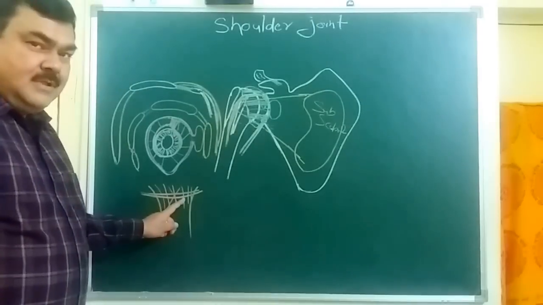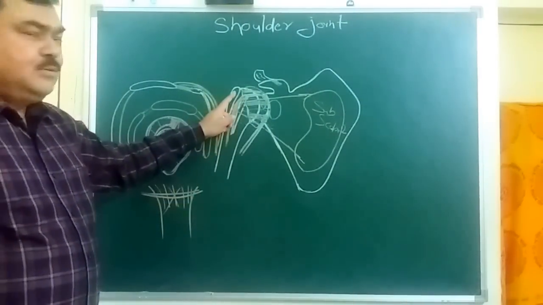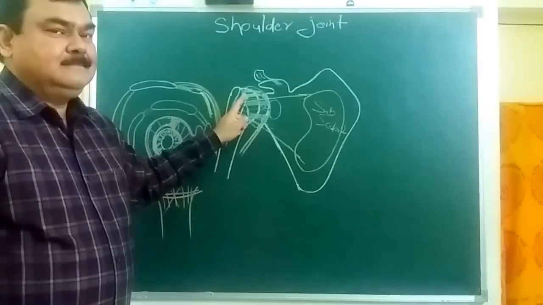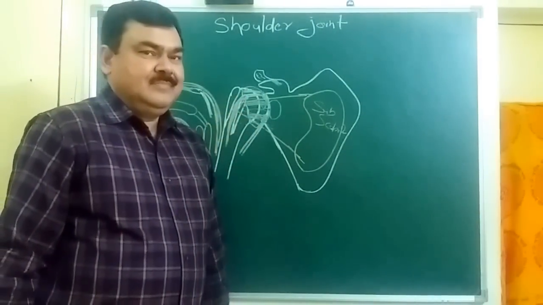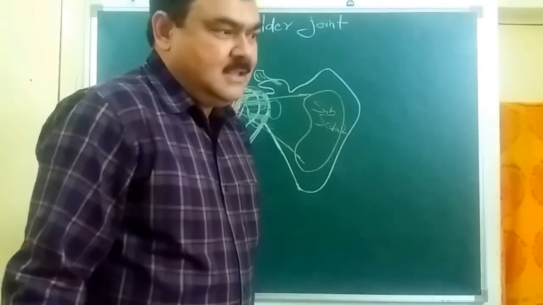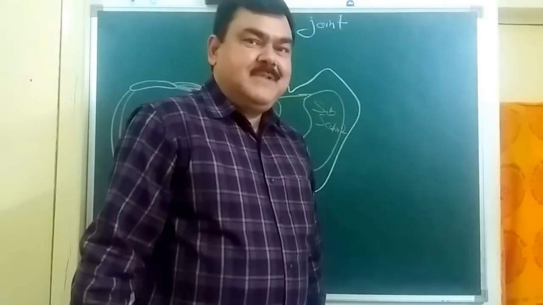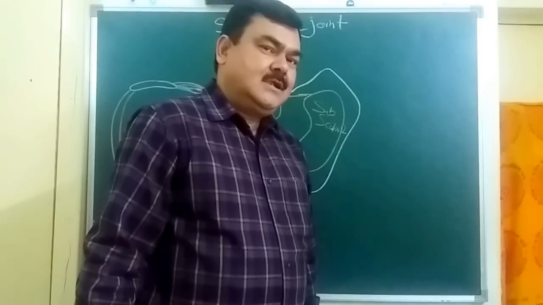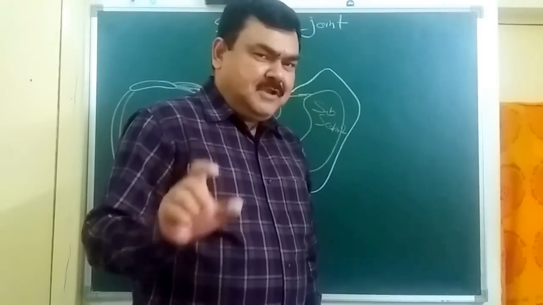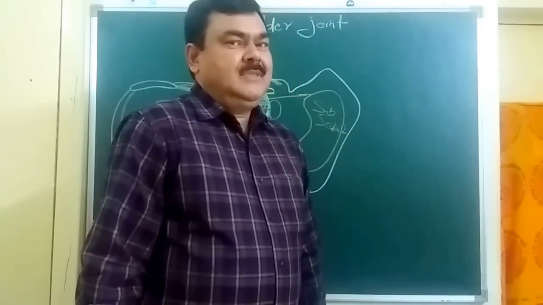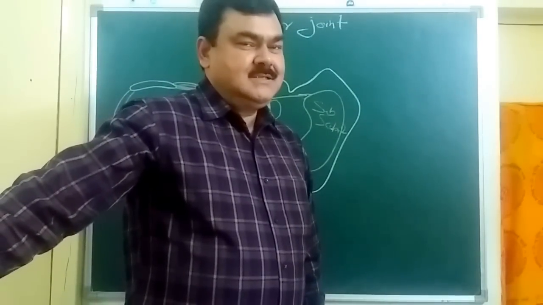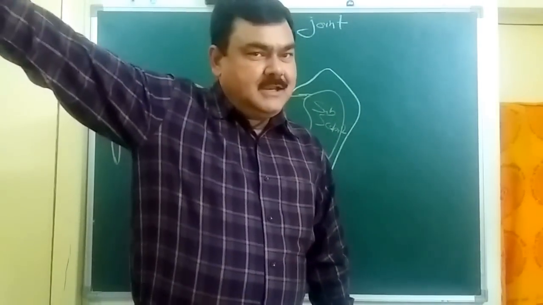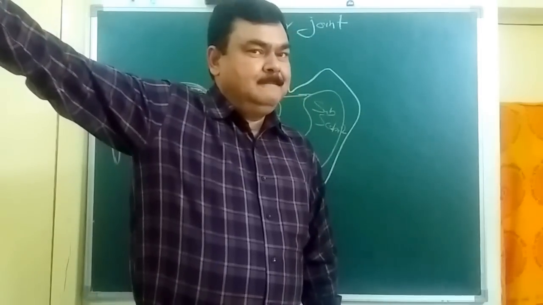And the axillary nerve, as you know, supplies the deltoid muscle and teres minor. And the deltoid muscle causes abduction at the shoulder joint between 15 to 90 degrees. From 0 to 15, supraspinatus; 15 to 90, deltoid.